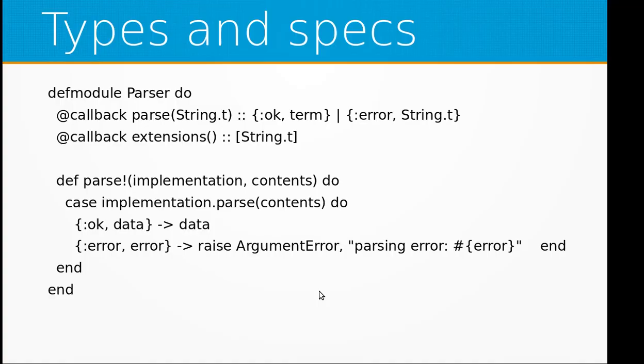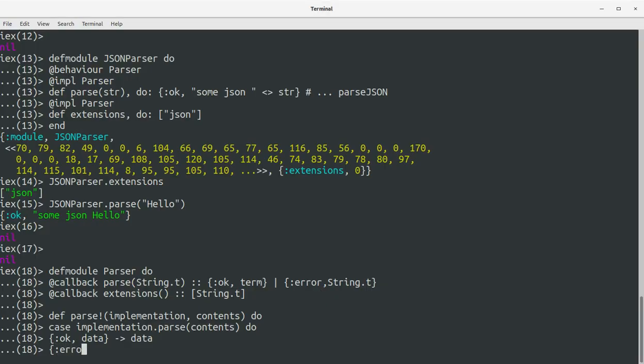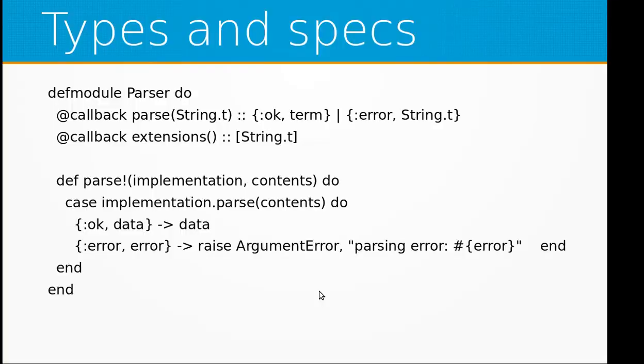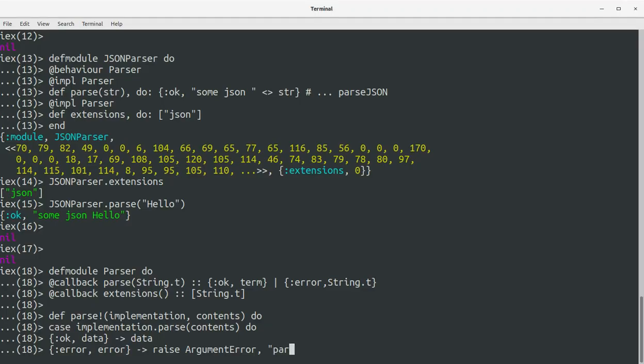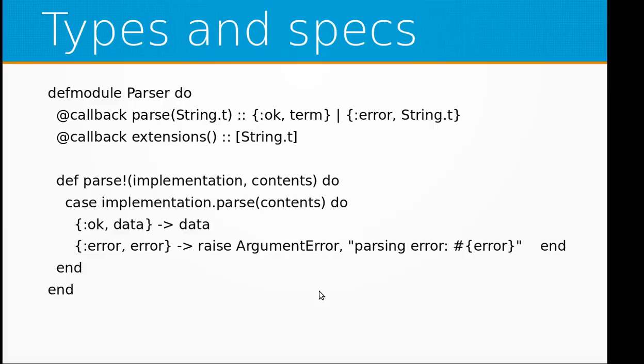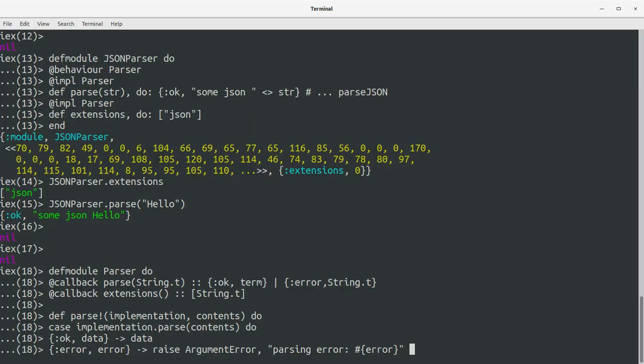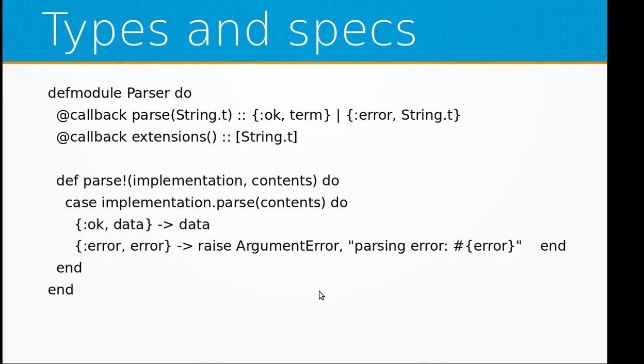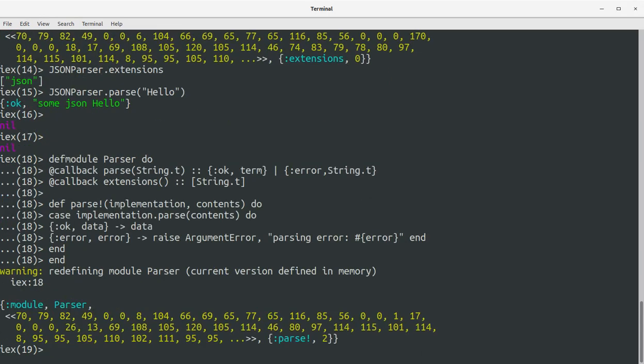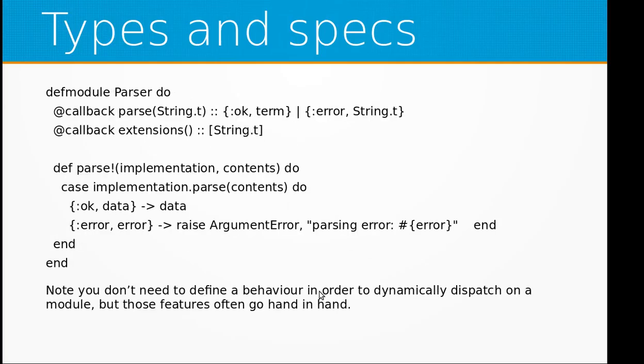If data is received, we pass in the data, and if error is received, we show an error message and raise the error, that is the ArgumentError. Raise ArgumentError saying "parsing error: #{error}". So we have the parser module rewritten again.